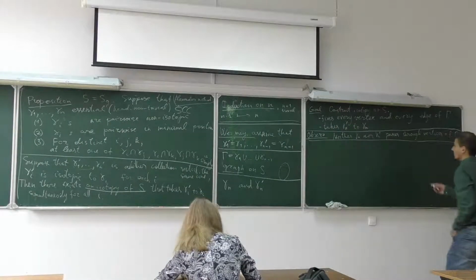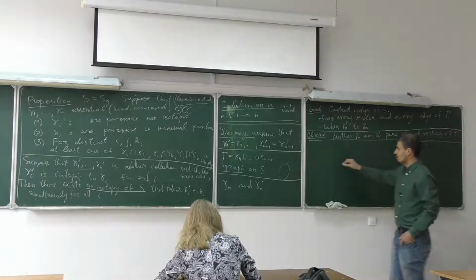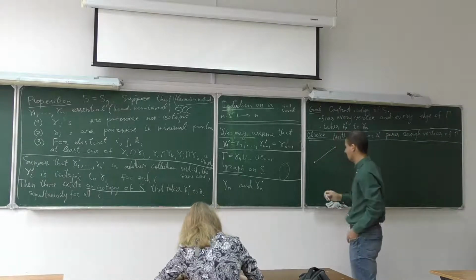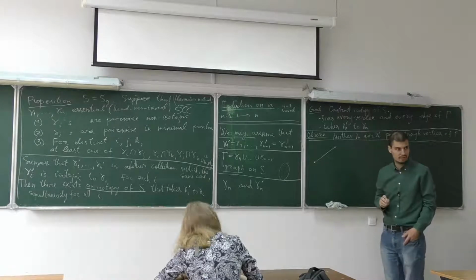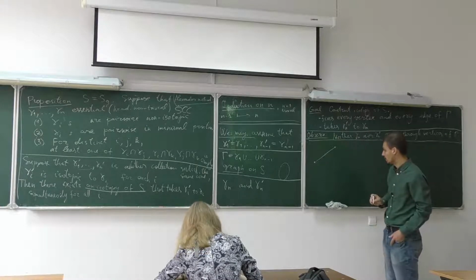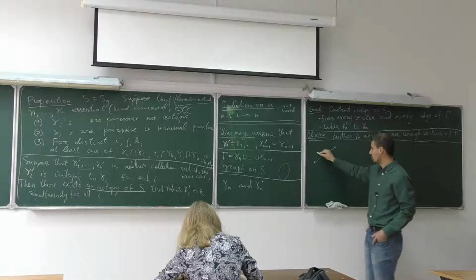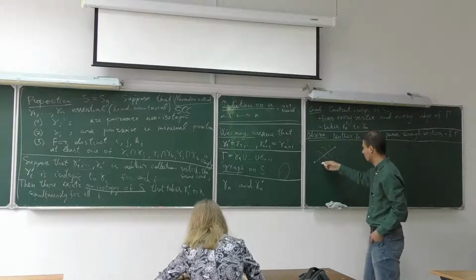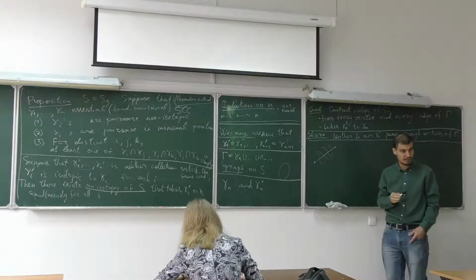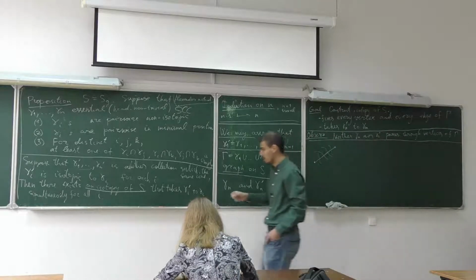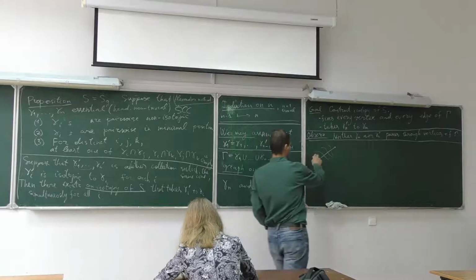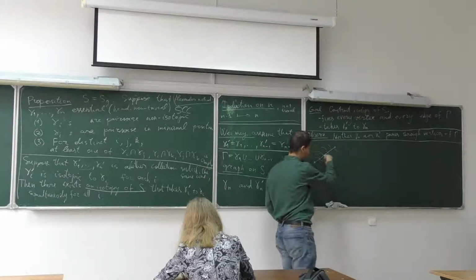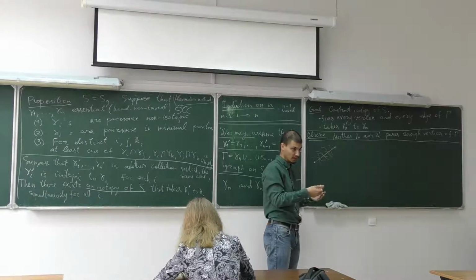Okay, and since this is true, for each edge of gamma, we have the following picture. It is intersected by gamma n maybe several times, and it is intersected by gamma n prime. Maybe some of the intersection points coincide.